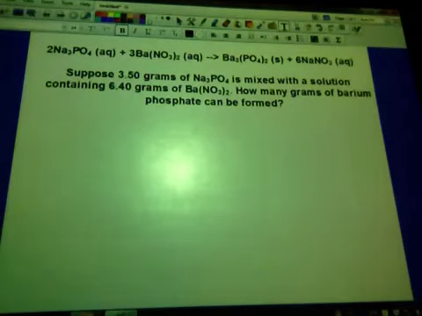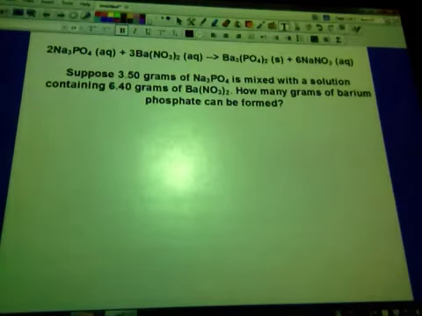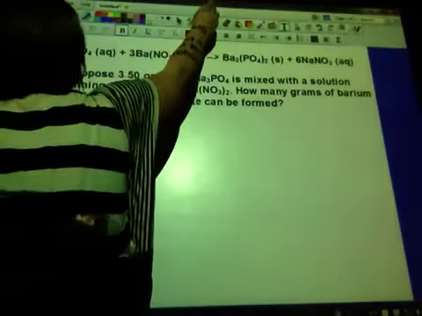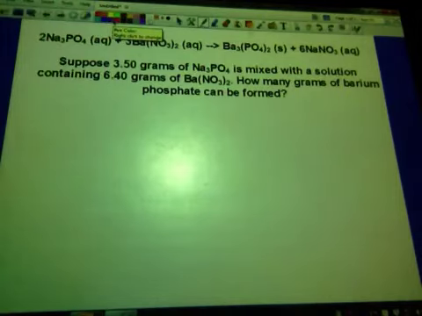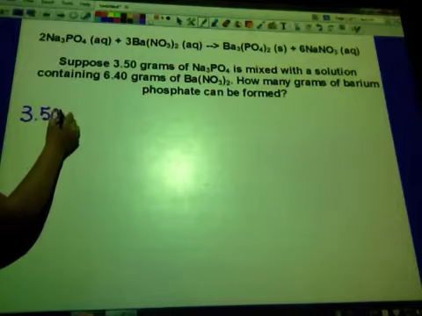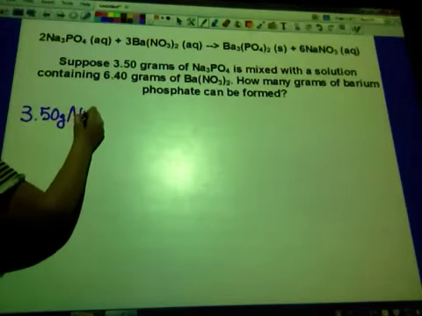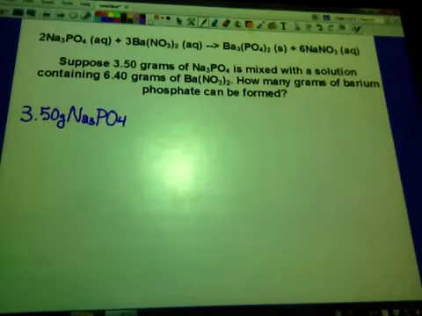So to do that, remember my first step. I was given the grams, the mass, for both reactants. So when I'm given mass, I'm going to convert that to what? Going to convert that to moles. So let's do that in both of these cases. Okay, so we were given 3.50 grams of sodium phosphate, and we want to convert that to moles of sodium phosphate.